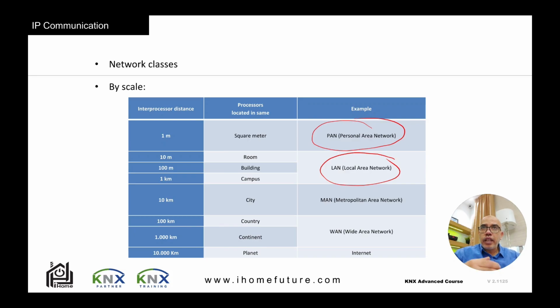If I have something a little bit bigger, covering maybe a compound or a city, this can be a metropolitan area network. This is not used a lot. Or we have a WAN. If your location here in Egypt is connected to your location in UAE, like our cases, then this is a WAN connection, which is a wide area network. Or you can have the internet, the biggest global network covering everywhere.